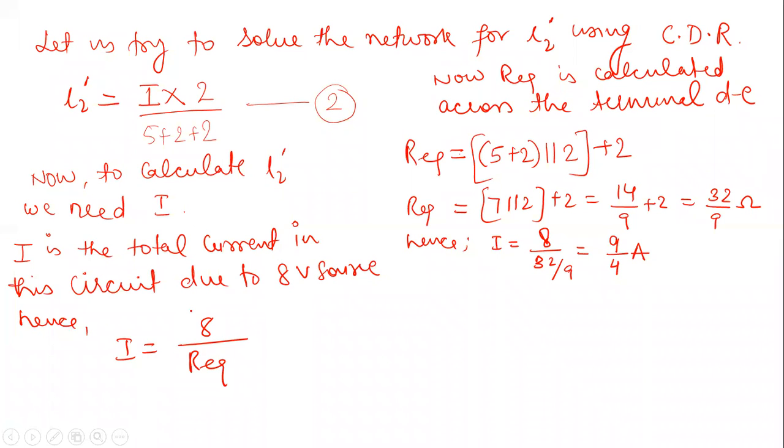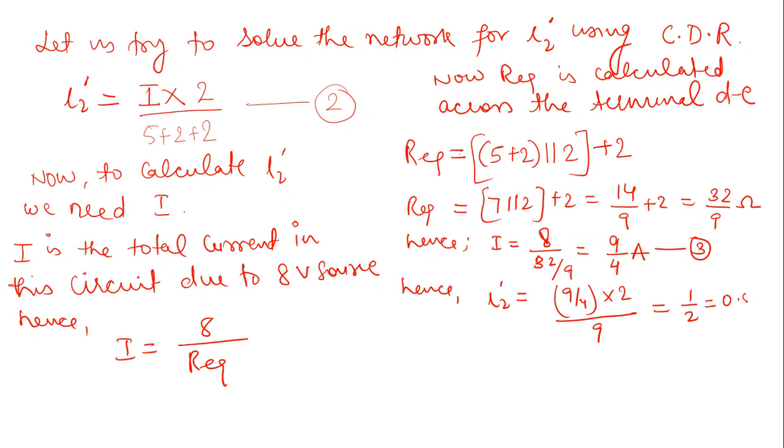Now we can put this value, this is, let us say, equation 3. Hence I2 dash is equal to 9 by 4 into 2 divided by 9. So this is 1 by 2, that is 0.5 ampere.